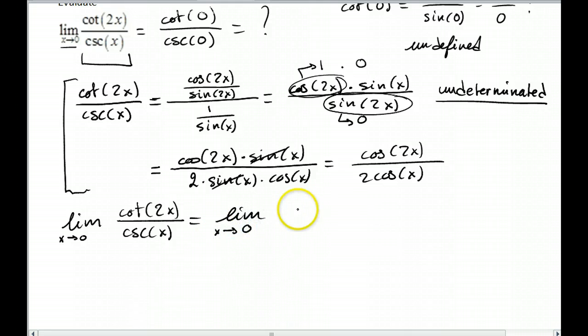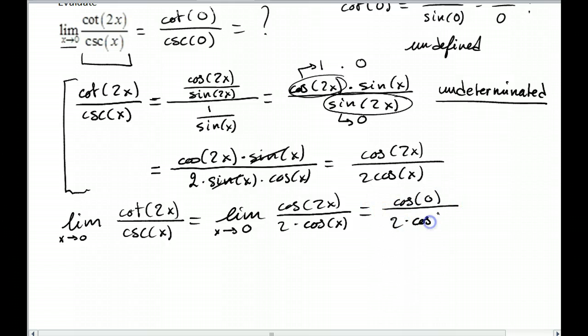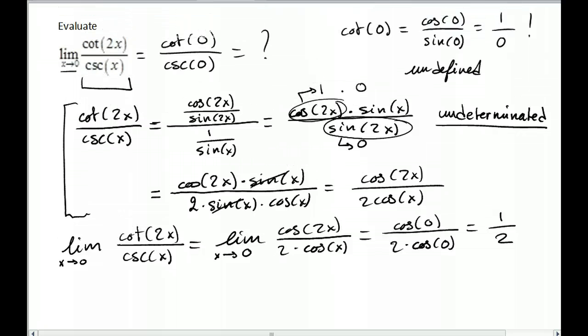This is like a syntax of the cosine of 2x over 2 cosine x, and that is completely fine. I am not gonna write limit here because I'm gonna take my limit just by plugging in. Cosine of 2 times 0 is cosine 0 over 2 cosine 0, and this is fine because cosine 0 is 1, so it's 1/2. Okay, and the first limit is done.